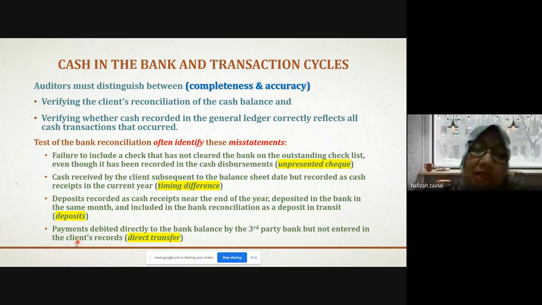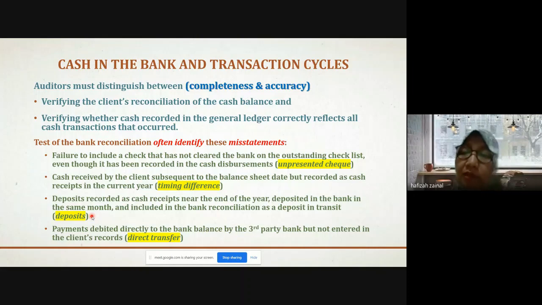The next one is the deposits. Sometimes you receive cash from your customer, so of course you already recorded it in your book. But since you have not banked the money into the bank, your bank ledger has not been updated accordingly.